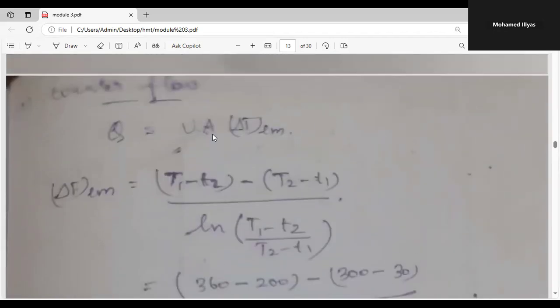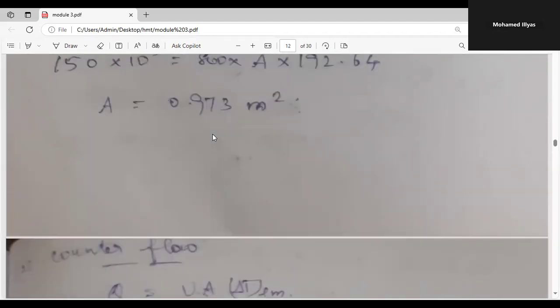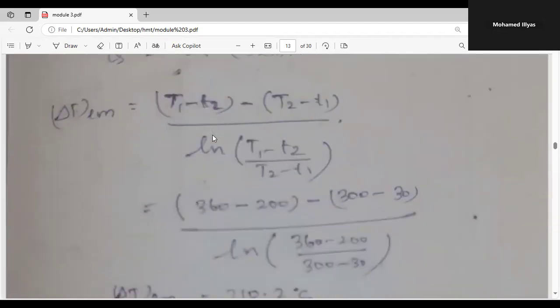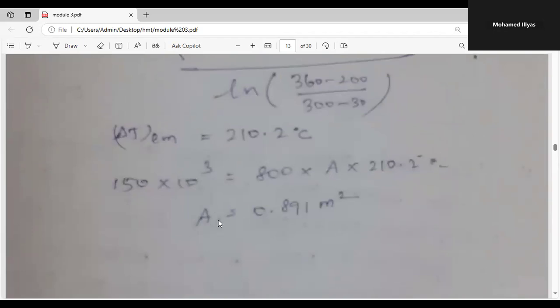So it is very clear that for the same temperature difference, I mean for the same heat transfer rate, the area required for counter flow is relatively less than for parallel flow type.